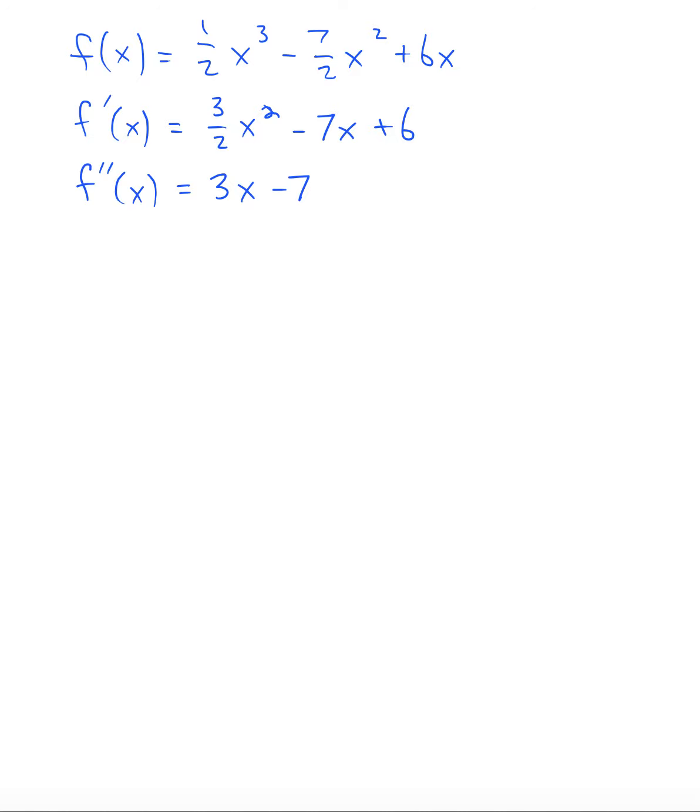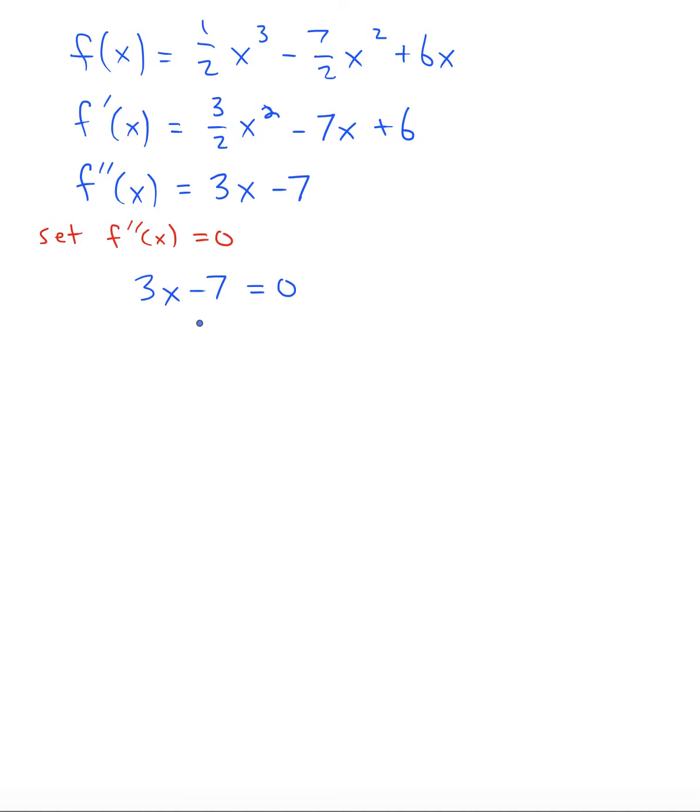In the second derivative test, you set the second derivative equal to 0. So let's do 3x minus 7 equals 0.